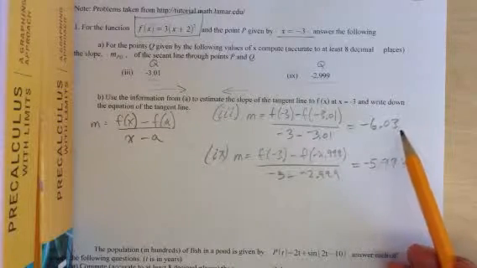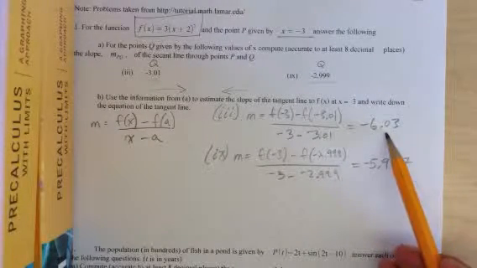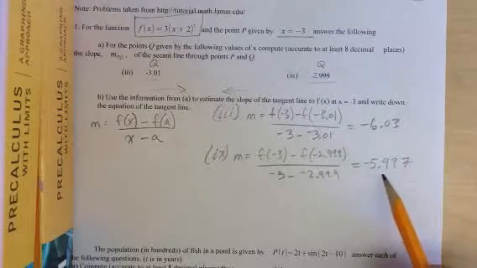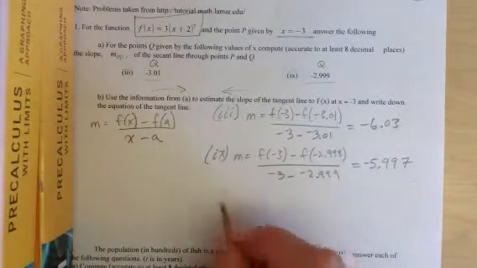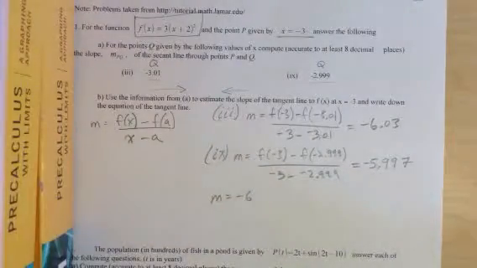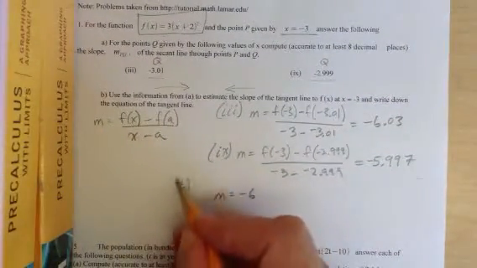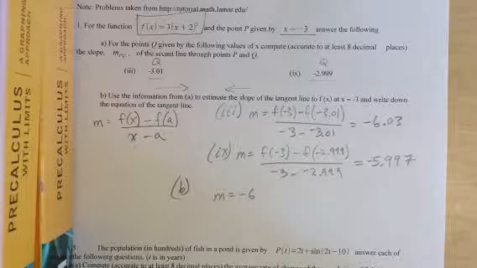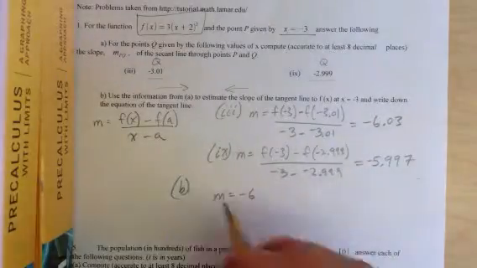So you can think here, well, if it's negative 6.03, negative 5.997, a good estimation probably is going to be negative 6. So the answer to part B is use the information to estimate the slope of the tangent line, and I think negative 6 is a good estimation.